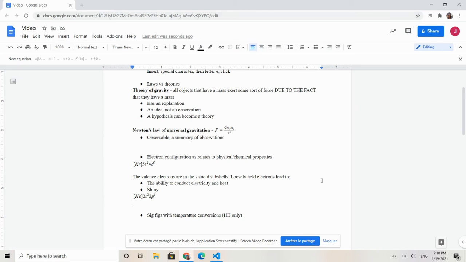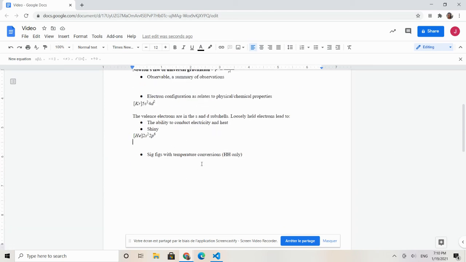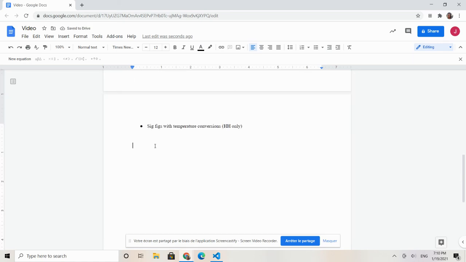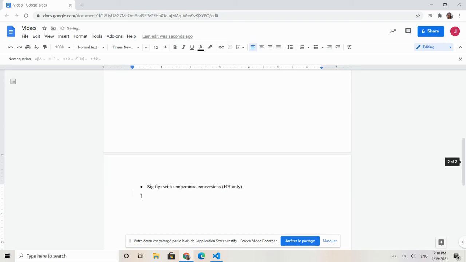Right, and then the last one was somebody wanted me to do a sig fig with temperature conversions. This is HH only, because those of you in the CP and those of you in the H class will just be able to round wherever you want. So we're going to take this value here. It's kind of similar to one of the ones in the problem set. We're going to convert this to degrees Celsius and to Kelvin.